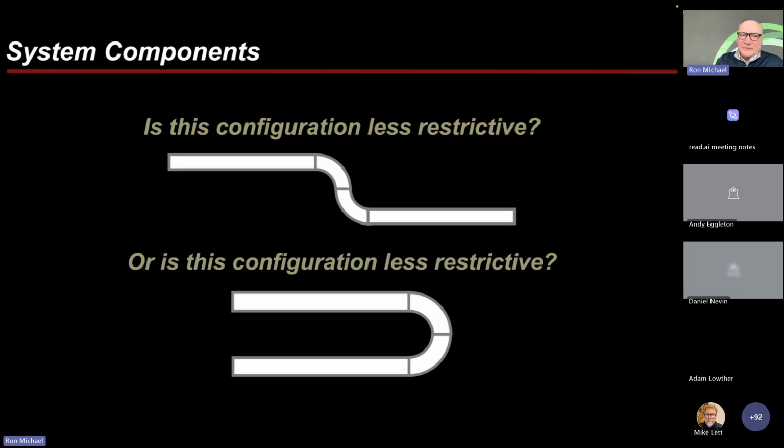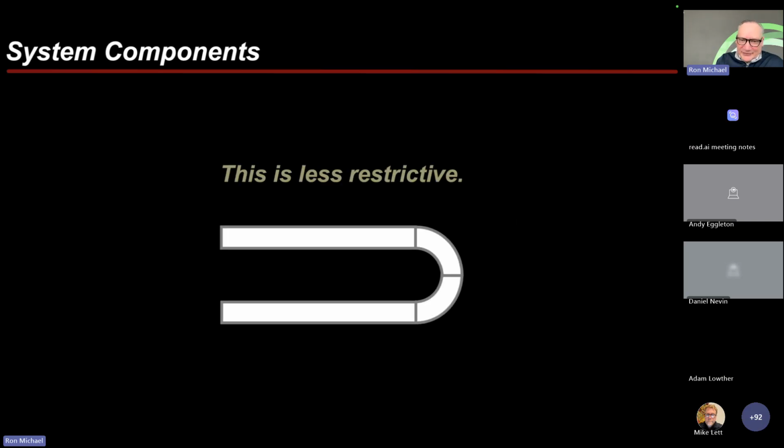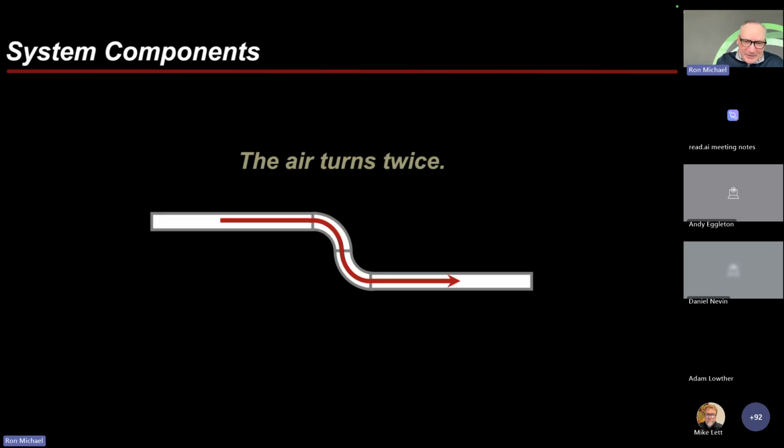Well, I like to ask this question: is the top more restrictive or the bottom? Well, the bottom is more restrictive because the air turns once. The top, it's usually going to take a lot more pressure drop because the air is changing and turning twice.